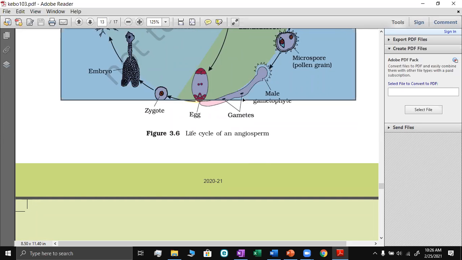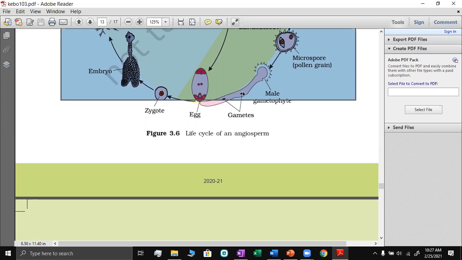Siphon is tube. Here it is different from pteridophyte and bryophyte.